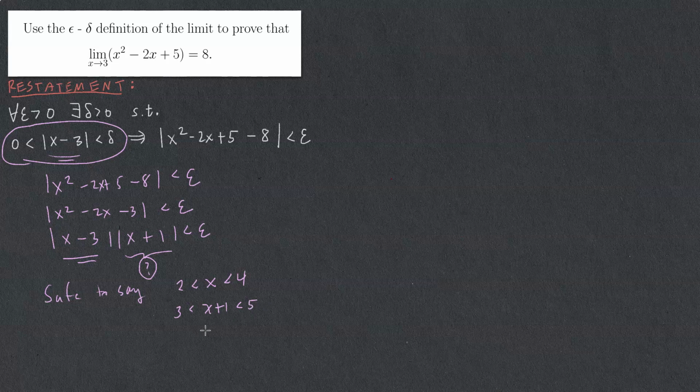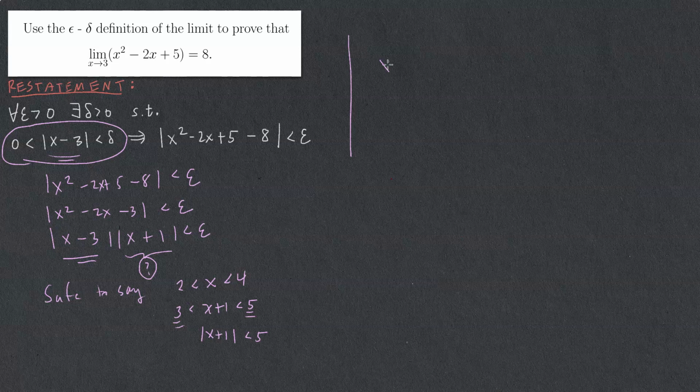All right. Well, it's the absolute value of x plus 1 that I'm concerned with. And if you compare the 3 and the 5 here, I guess what we can say then is that the absolute value of x plus 1 is less than 5. All right. How can I use that? Well, let's see. If I could say that x plus 1 is less than 5, maybe I can just replace this with the number 5 then. Let me write that over here.